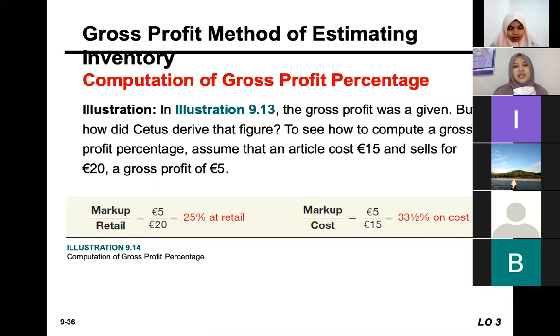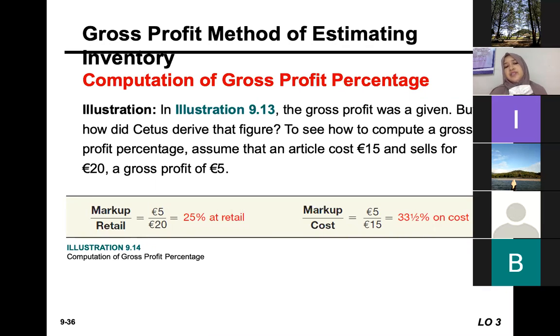Normally, businesses would tell the customers their markup on retail rather than markup on cost. Why? Because markup on retail will show a lesser figure. You see here 25% as compared to 33%.